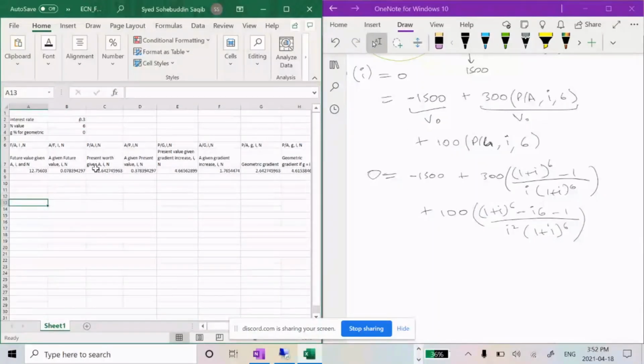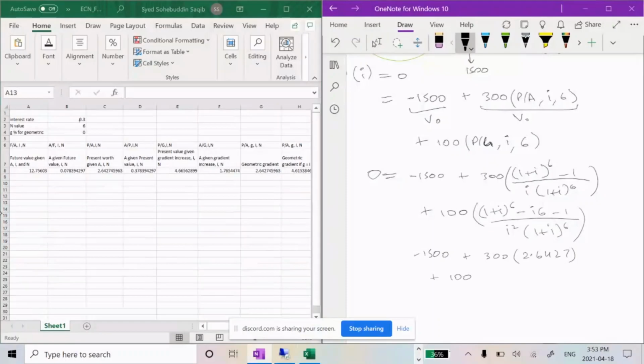This is negative 1500 plus 300 into 0.6427. Again, you use 4 decimal places for this because it's a factor value.